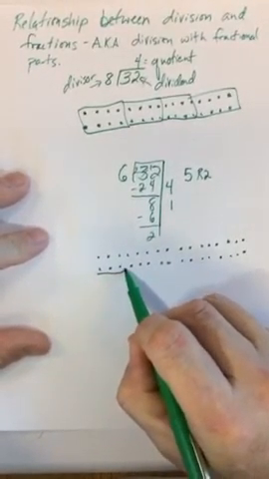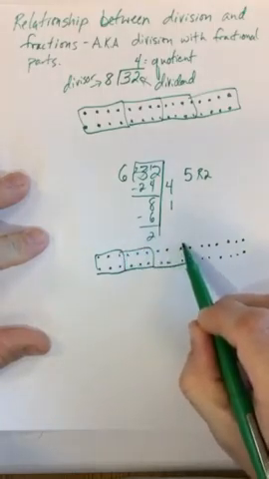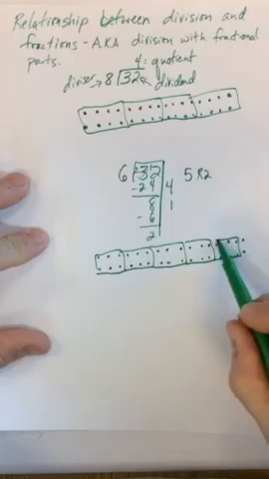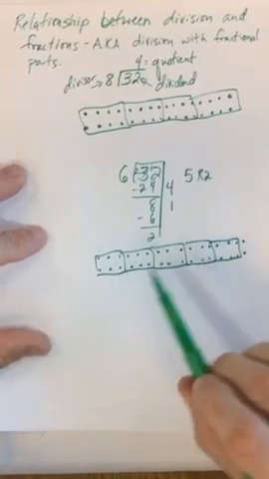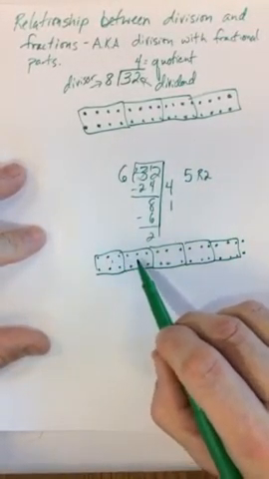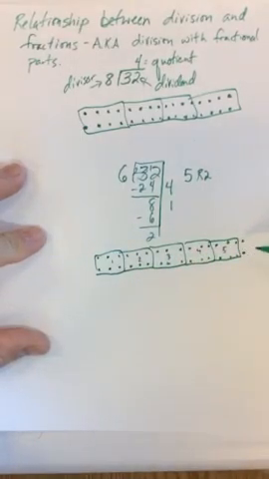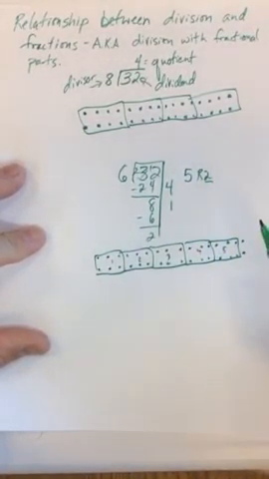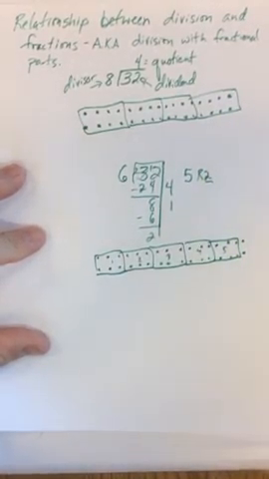So I'm going to make groups of 6. Now if you take a look at this array, you will see that I have 5 full groups of 6. And I have 2 dots that don't fit into a group, which in traditional division would be listed as a remainder.